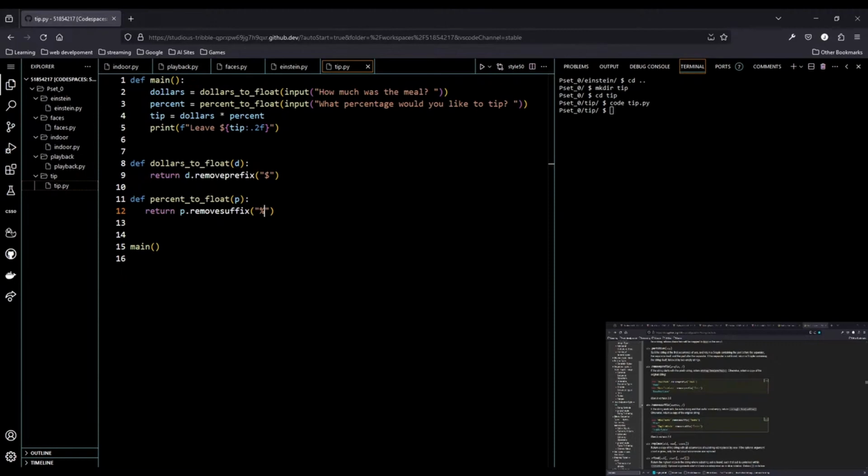Temporary directory mix-in base test case. Yeah, yeah.